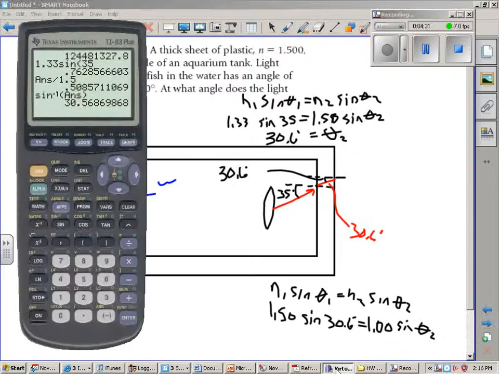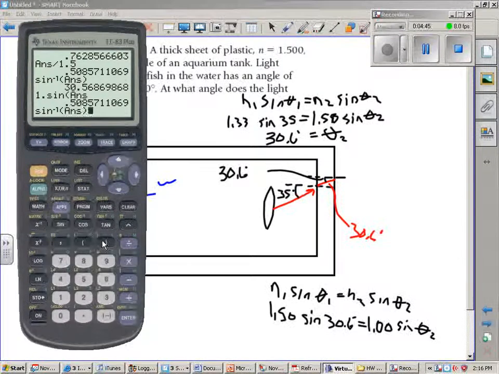So I take my 1.5 sine. I've already got my answer up there. Divide by 1, take the inverse sine of that.